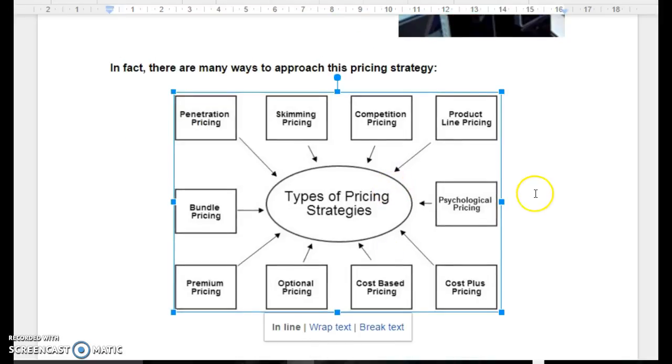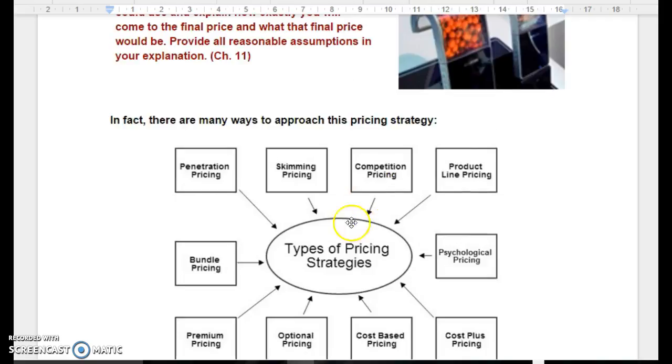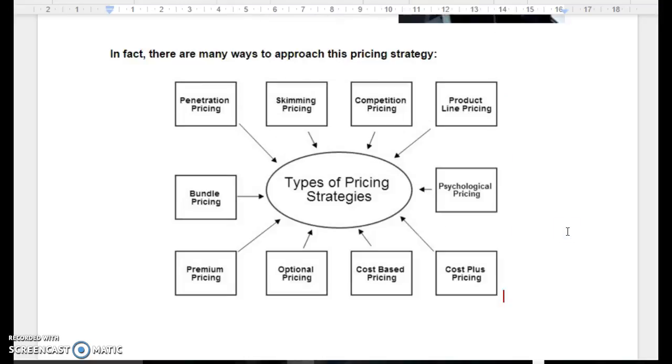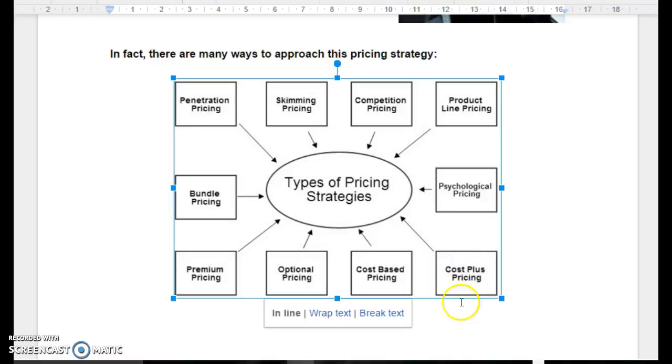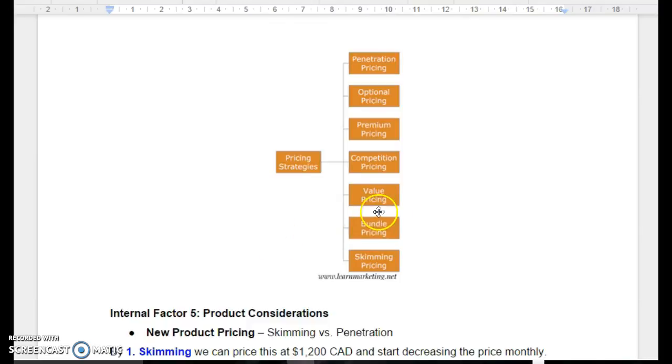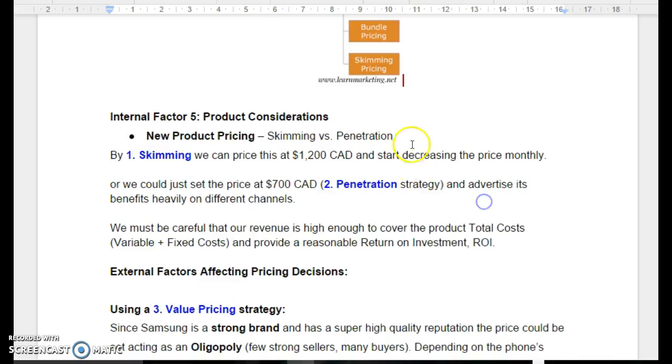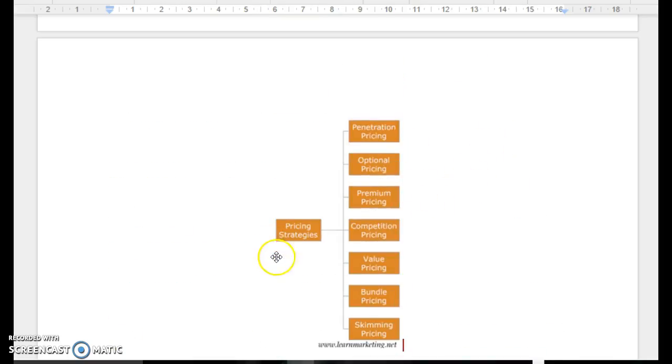We can see this graph here. Now we can use penetration pricing, skimming pricing, competition pricing, product line pricing, psychological pricing, cost-plus pricing, cost-based pricing, optional pricing, premium pricing, and bundle pricing. Here we also have some strategies.